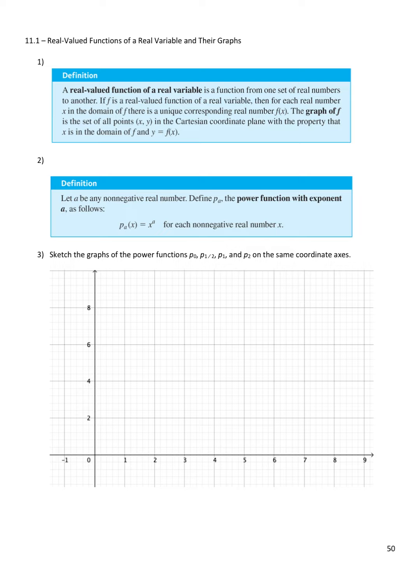So I'm going to sketch the graph of the power functions p0, p1/2, p1, and p2. So p0, that means x to the 0, which is 1. So this is just a horizontal function at a height of 1, which is about right here.